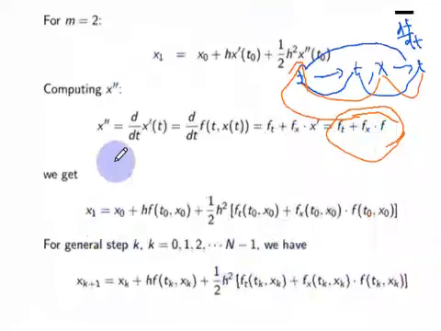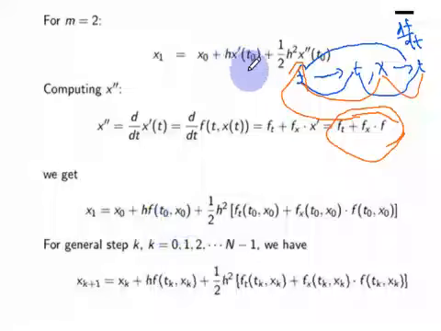x1 is equal to x naught plus h times f evaluated at t naught and x naught, right?